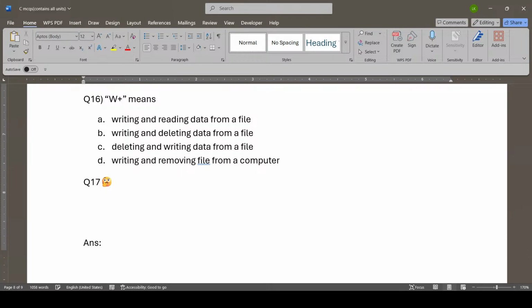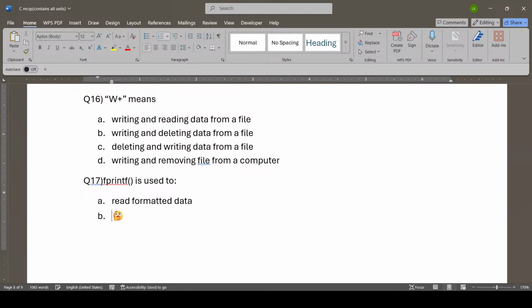Question 17. Question 17 we have here. fprintf is used to: first, read formatted data.